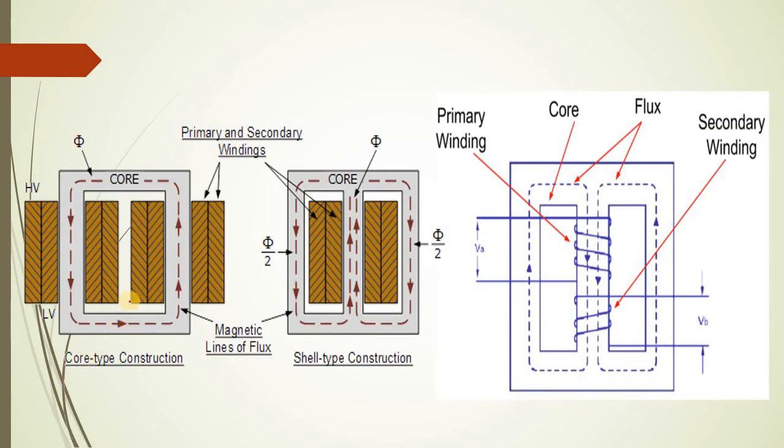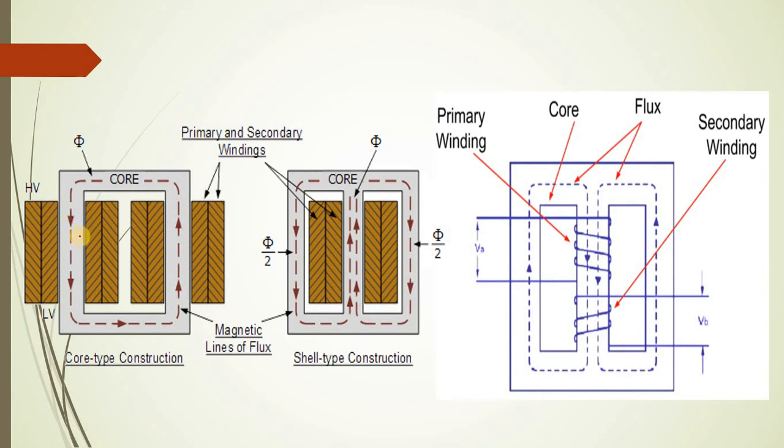Where the winding is placed in the core type and shell type transformer, we will see here. This is the core. Near the core is the LV winding, and away from the core the next winding is the HV winding. The LV winding is placed near the core to reduce the insulation requirement, and also the conductor length requirement is less.